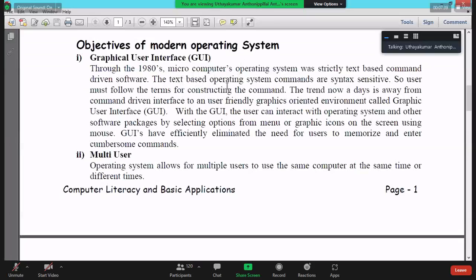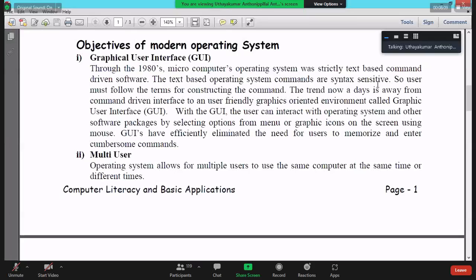The text-based operating system commands are syntax sensitive. Sometimes you have to enter the first letter capital and the rest simple letters, so it is complicated for users. Everything you have to type.